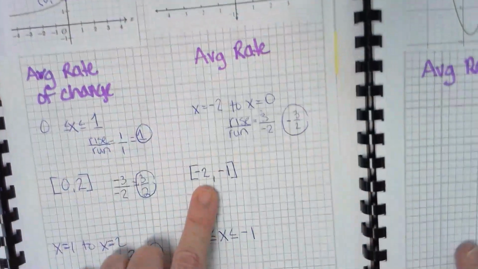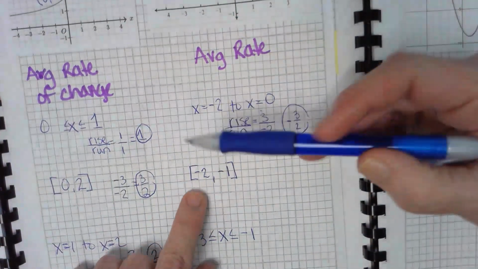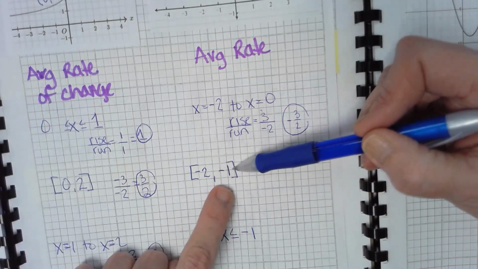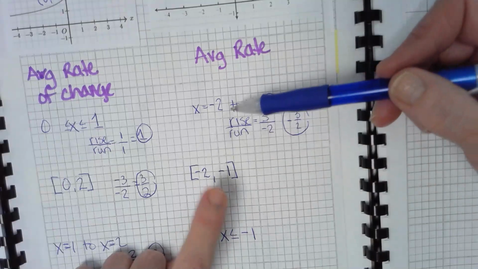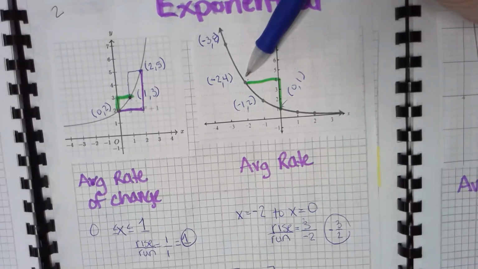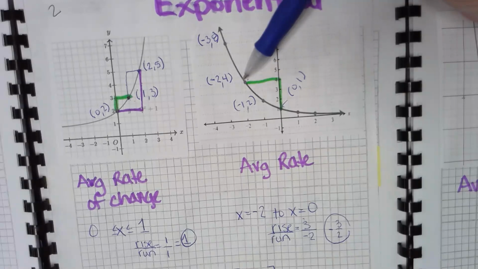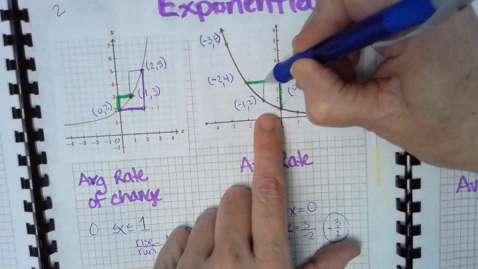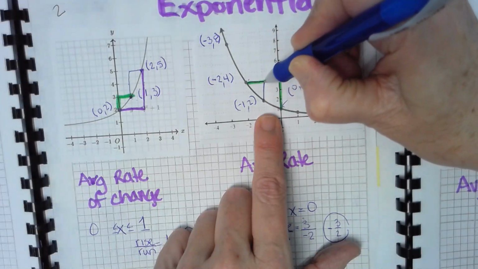Okay, now I want y'all to find the slope here. So check it out. Where x is -2 and where x is -1. This is not an ordered pair, y'all. So where x is -2, that's here. And where x is -1, y'all, that's here. Look, there to there. So let's draw a right triangle.